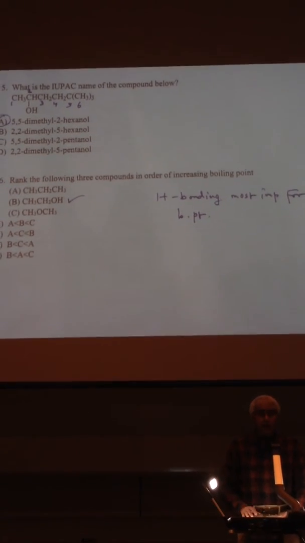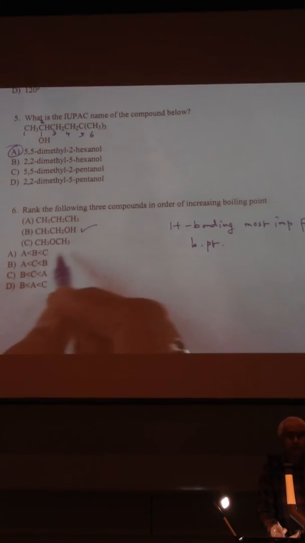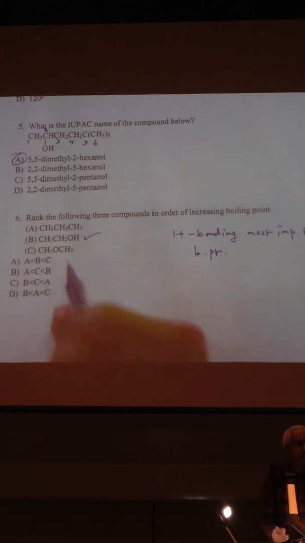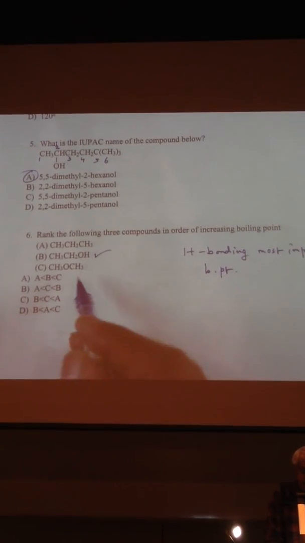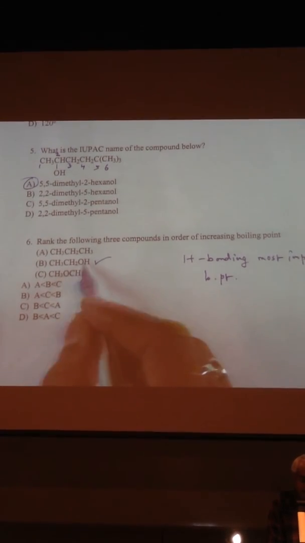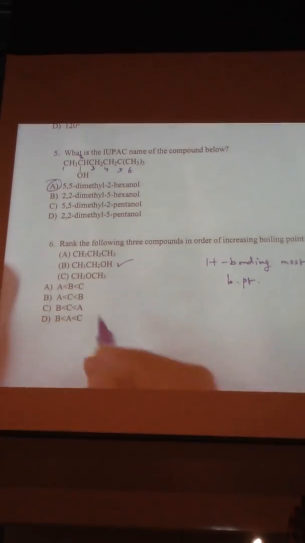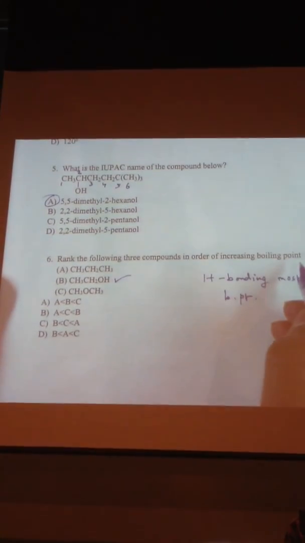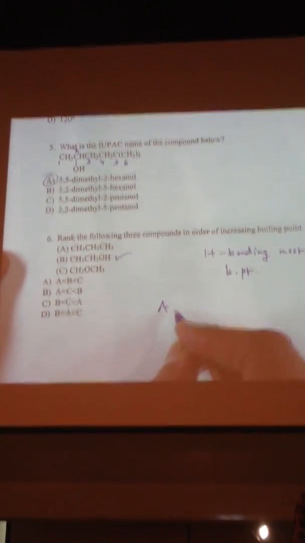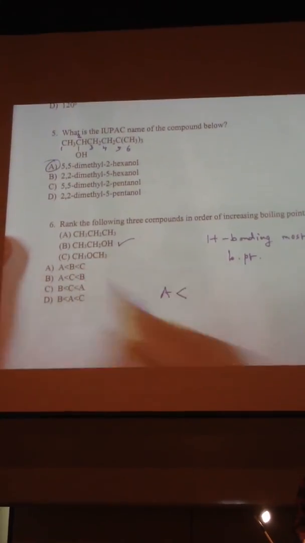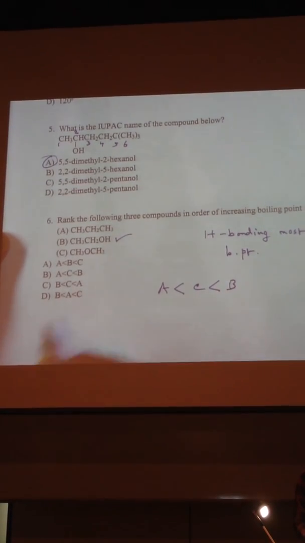Therefore, that would be the highest boiling point, followed by the one that has oxygen in the ether. This oxygen induces dipole-dipole interaction, but not as strong as the alcohol. So this is number 1, this is number 2, and this is an alkane. Okay, so increasing boiling point, therefore, we have A is the lowest, then C, followed by B.